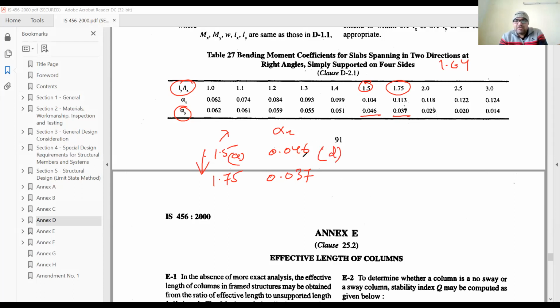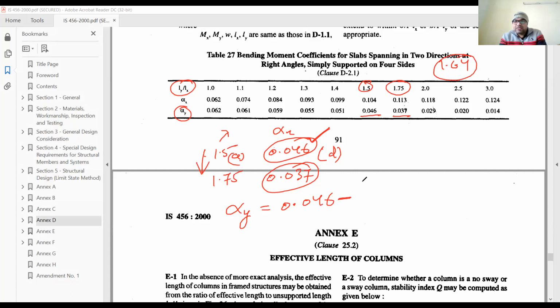It means our value of alpha y will be lower than the value at 1.5 and more than the value at 1.75. So this time, for the alpha y value, we will take the first value, 0.046, and this time we will deduct. Why? Because this value is greater than the value of alpha y for 1.64. So that is why we are decreasing it.